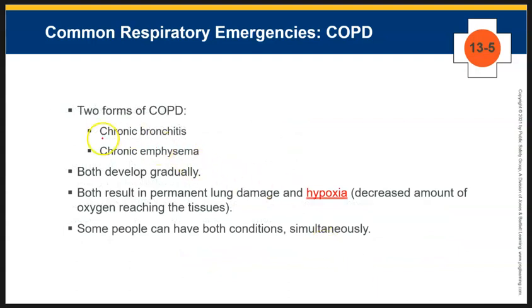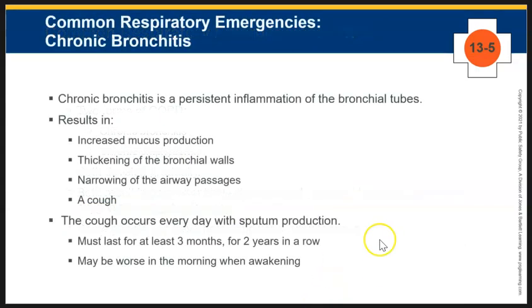So to distinguish between chronic bronchitis or chronic emphysema, we need to understand that they will manifest themselves with hypoxia, a decreased amount of oxygen reaching the tissues. But part of the difference is bronchitis: anytime we see the suffix itis, we think of inflammation, and inflammation of the bronchial tubes.